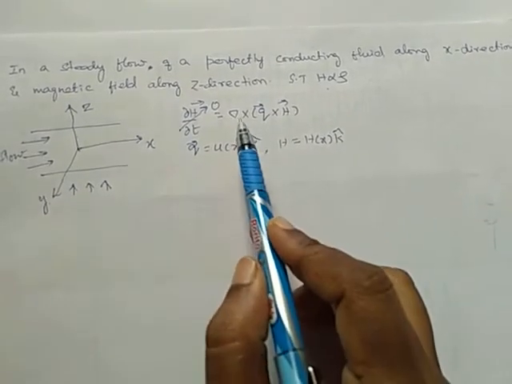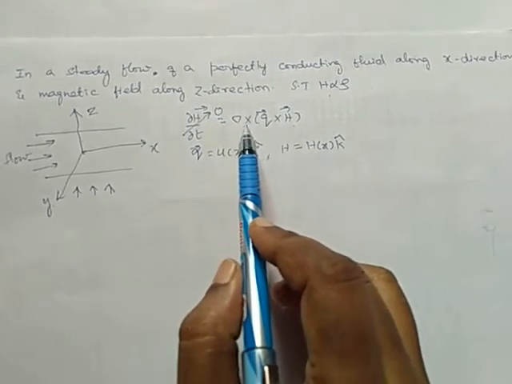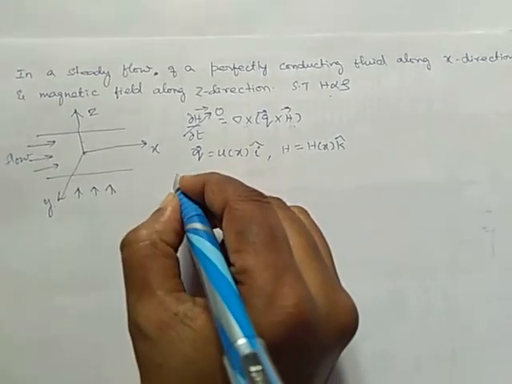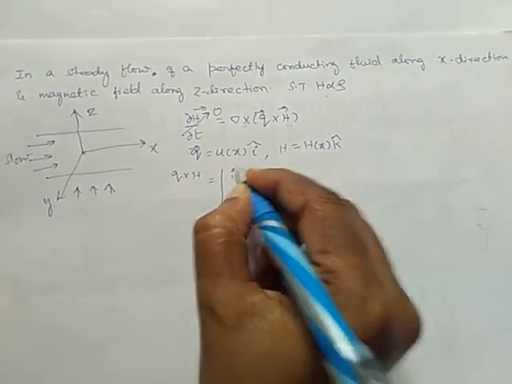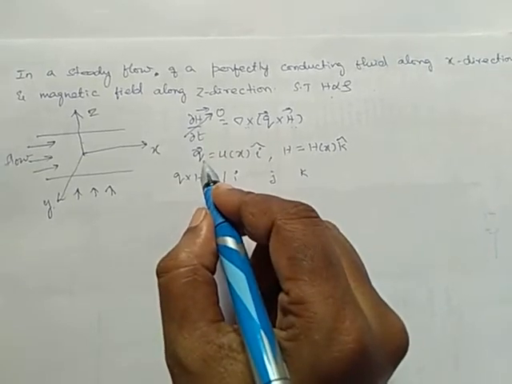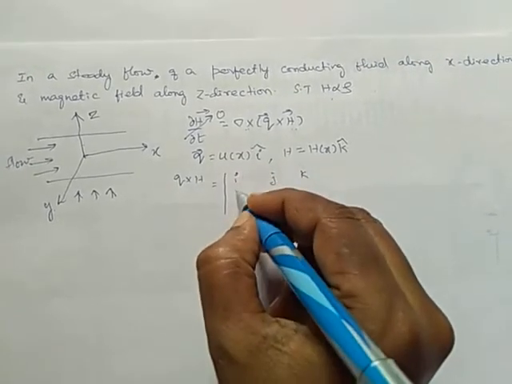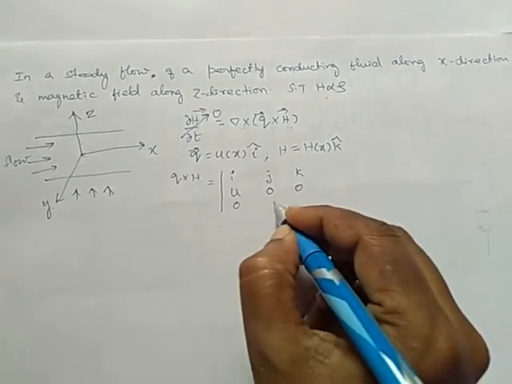Now we have to find the curl of Q cross H. Before finding the curl, we will find Q cross H. How to find Q cross H? It is the determinant of i, j, k, with Q as u and H as H itself.